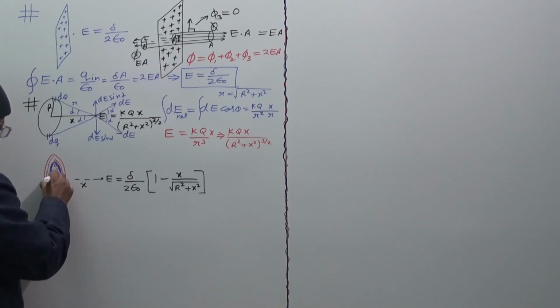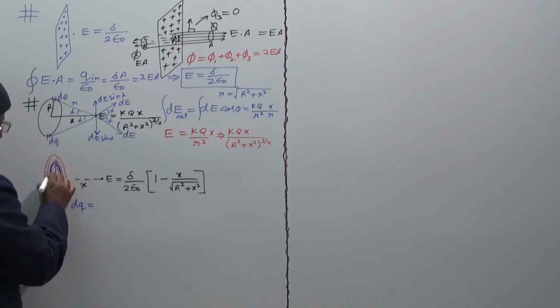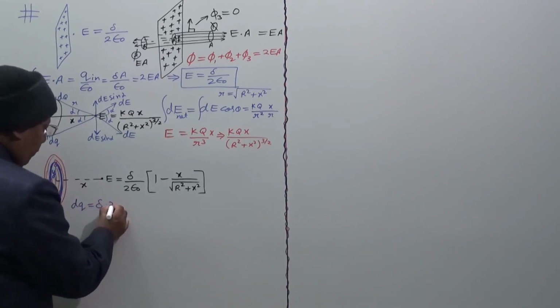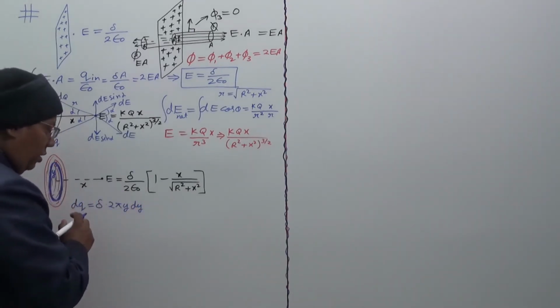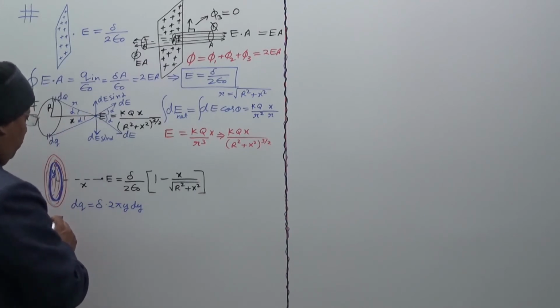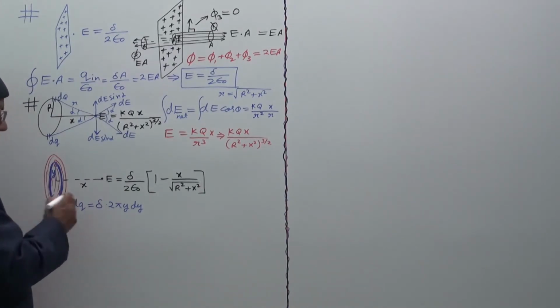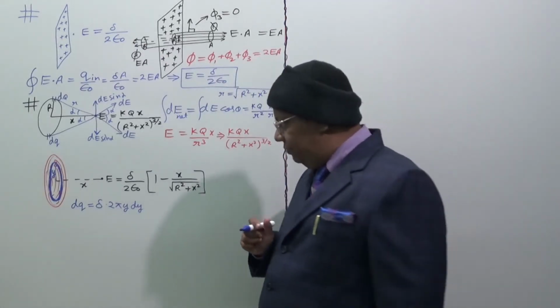And if this small segment has net charge dq, then this dq must be equal to, the radius at this point being y, small sigma 2 pi y dy. dy is the depth. Circumference is 2 pi y and the surface density is small sigma per unit area.